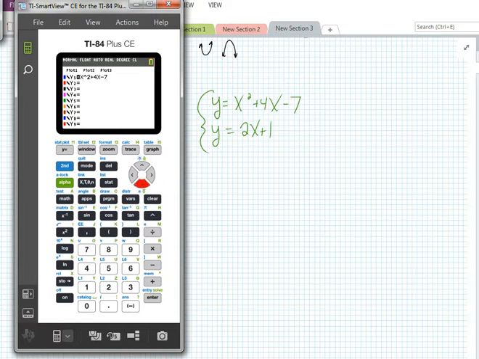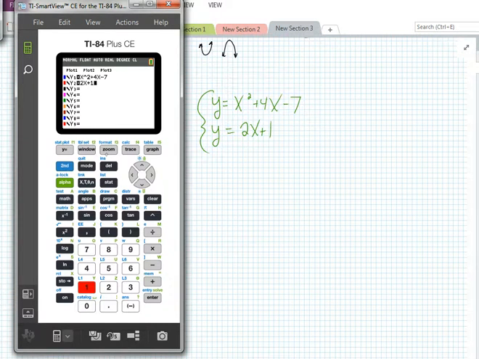Go down to the next one, and I'm looking at 2x plus 1. There we go, my calculator locked up for a second. 2x plus 1.